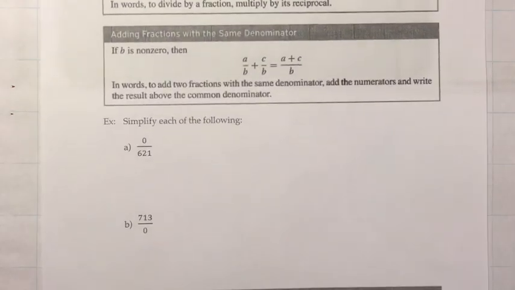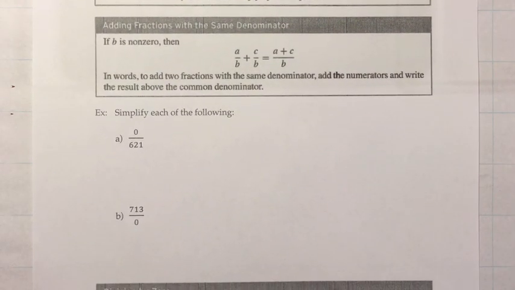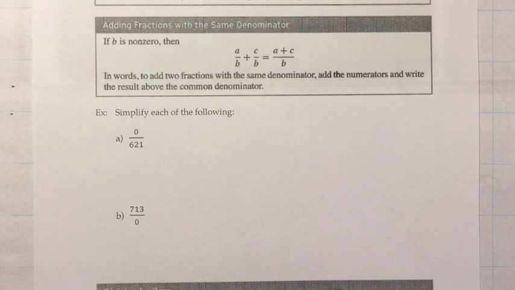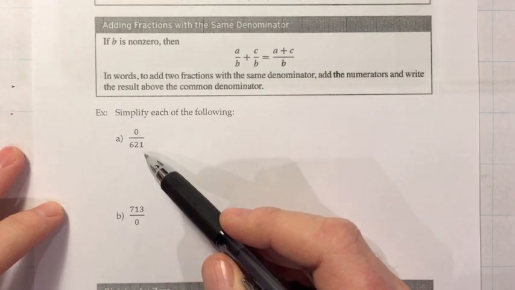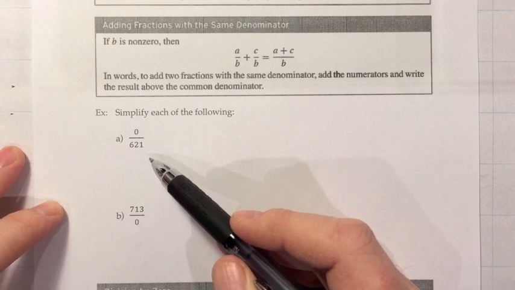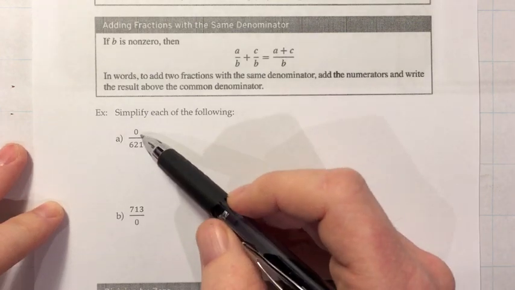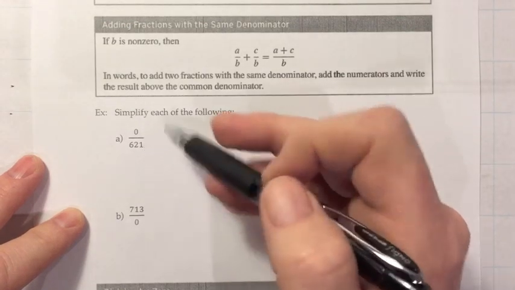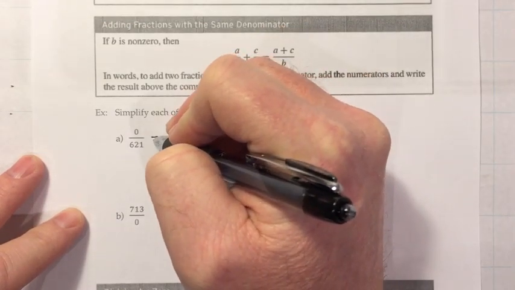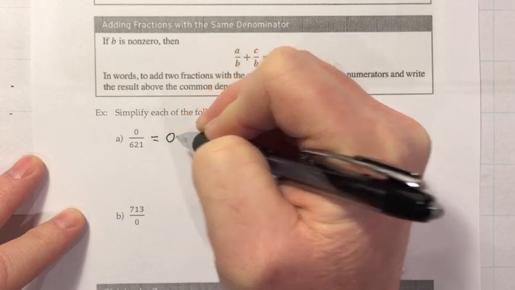All right, so let's look at something a little different here, which is some properties of zero. So we need to remember that if 0 is in a fraction, is it a problem? Is it no problem? What do we do? So if you have 0 divided by 621, if you have 0 on top and then some non-zero on the bottom, then the answer to that is 0.